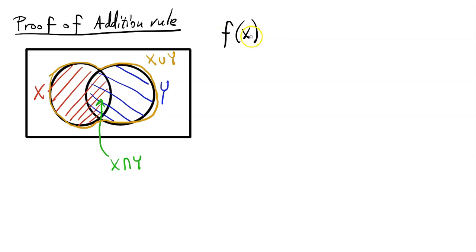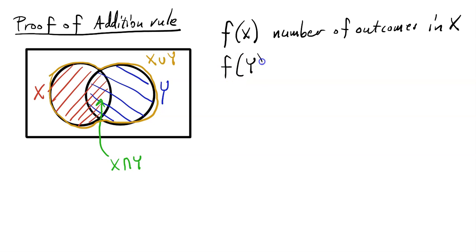So this is how many times X will happen, or X will be true. So this is the number of outcomes in X. Sometimes we have an outcome there, sometimes we have an outcome here. So this means that many times the outcome ended up somewhere in X. In the same way, this means for Y.